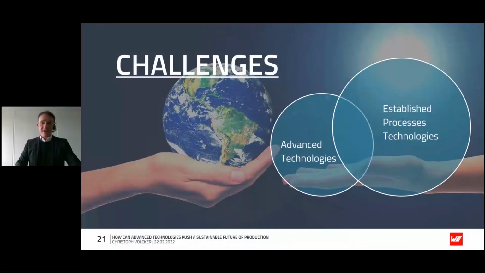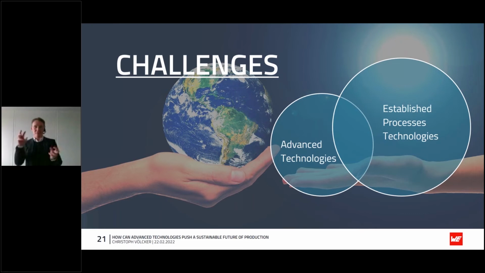So which are actually the challenges to solve? We are talking about future innovative projects and everything. But if we're talking about advanced technologies, we have a huge point of established processes. And those processes use already established technologies.